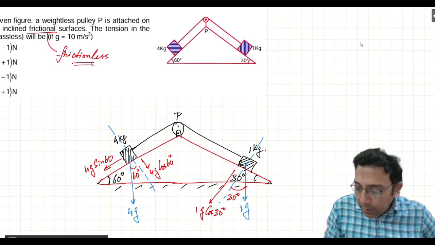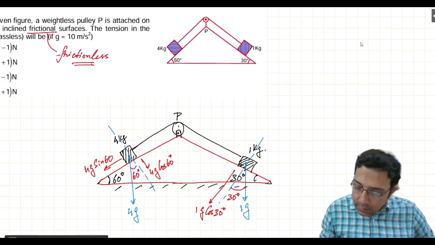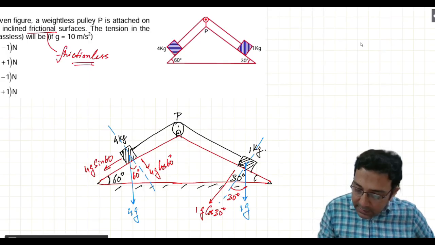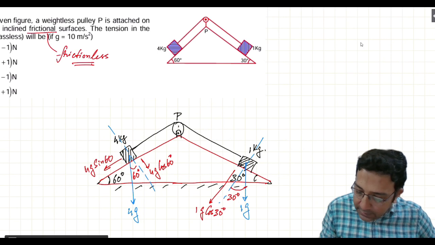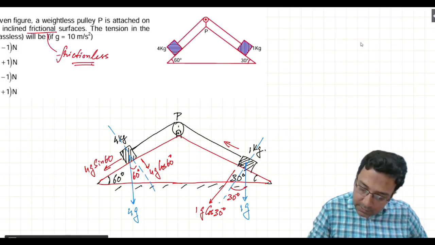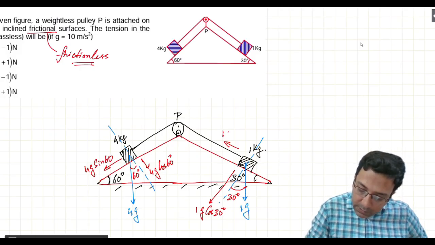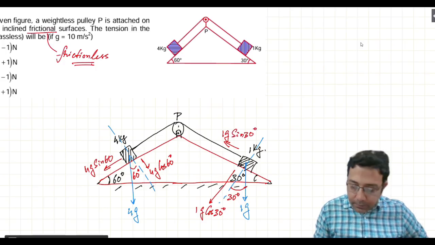Here we have a component that will act in the upside direction. Because it is going up, it is 1g sin 30.